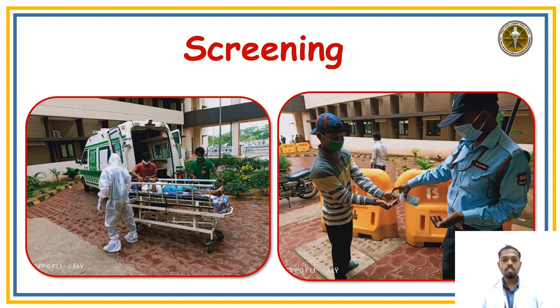The patient is shifted from the ambulance stretcher to the hospital stretcher, accompanied by 2 personnel, maybe one from the ambulance and another from the patient side. The staff in full PPE take the patient inside, and the security personnel give hand hygiene to the patient's relatives.